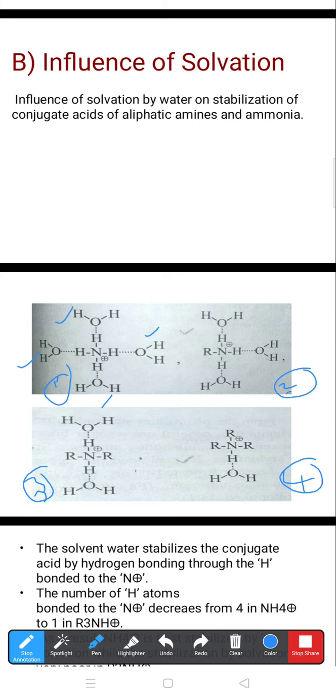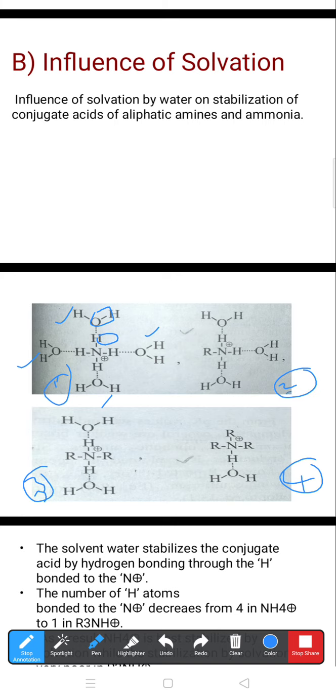Four water molecules are attached to the four neighboring hydrogen atoms of the ammonium ion. So there is bonding between the oxygen of the water molecule and the hydrogen of the ammonium ion.